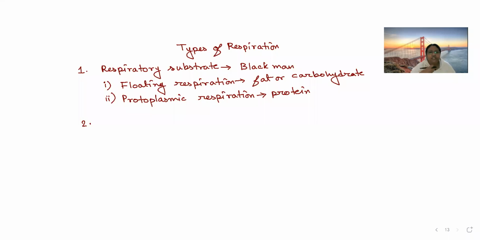Floating respiration and protoplasmic respiration are called so because carbohydrate and fat can be used as a storage respiratory substrate without causing much damage to the basic structure of the body, because fat and carbohydrate can be stored in our body. So whenever I am using them as a respiratory substrate, they are first extracted from the storage, and not taken from the constructional part of the body.